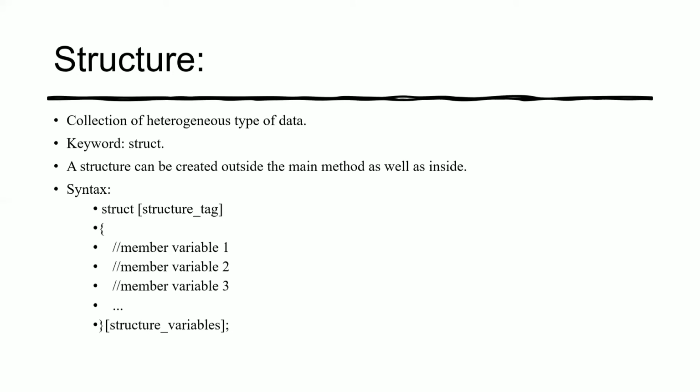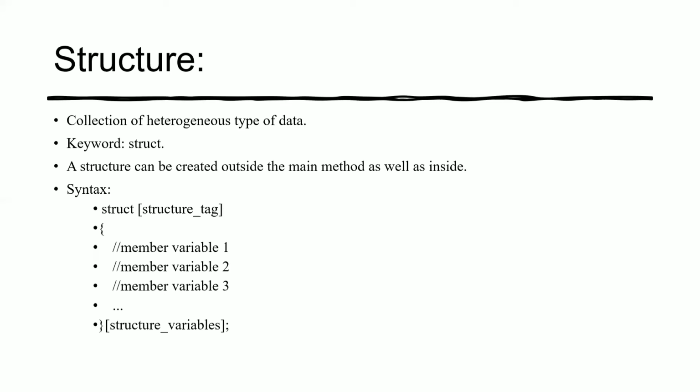Then comes the structure. Up till now we have seen data types, and also arrays, which can store the same type of data or homogeneous type of data. If we want to store multiple data types, for example, a student has name, roll number, rank, grade, etc., these will all be of different types, right?